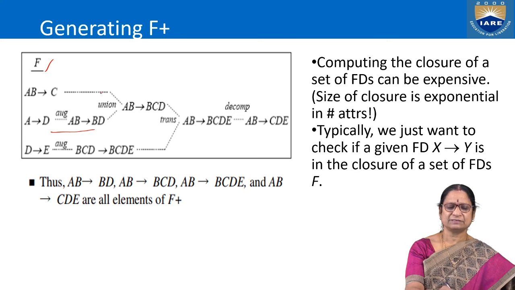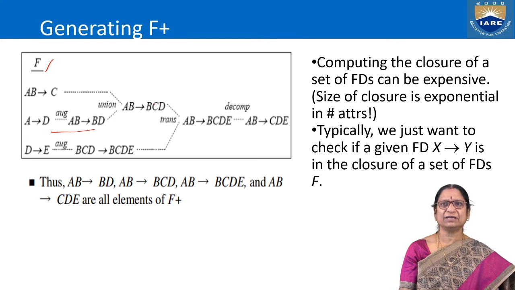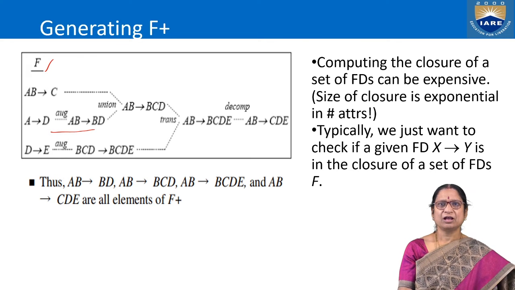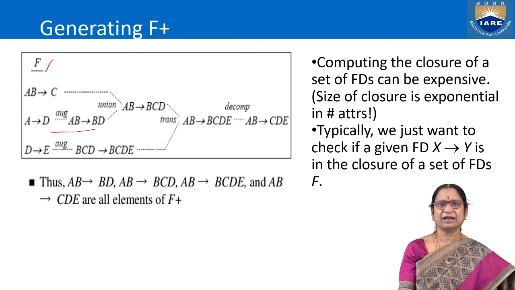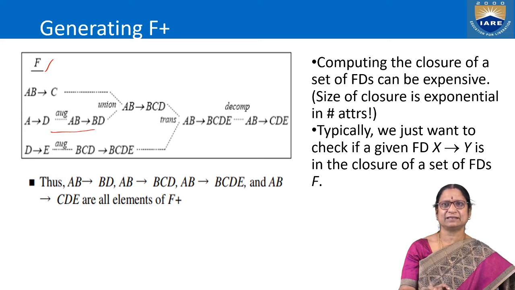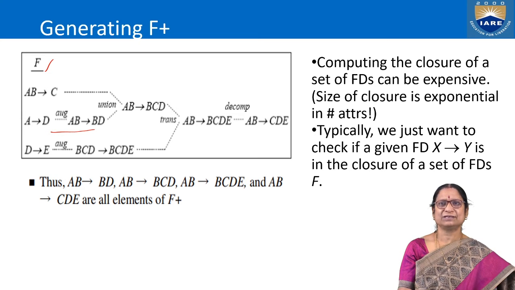Just observe these dots. By using the union rule, we will get AB determines BCD. Now again, consider the third one, D determines E, with augmentation. That means on both sides we are adding BC, because we are using D. So BCD determines BCDE, because BCD is there on the left hand side, so that transitivity can be applicable.